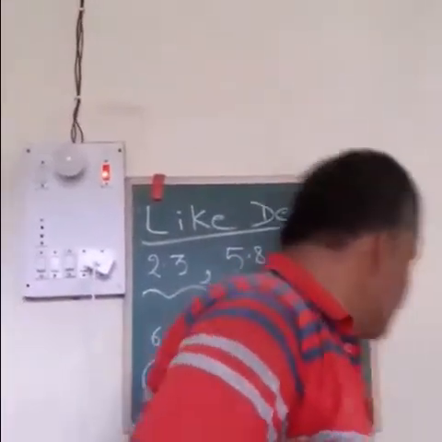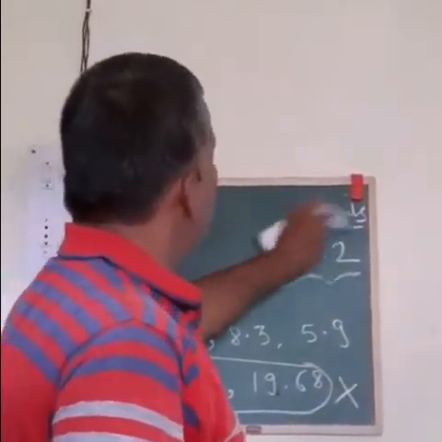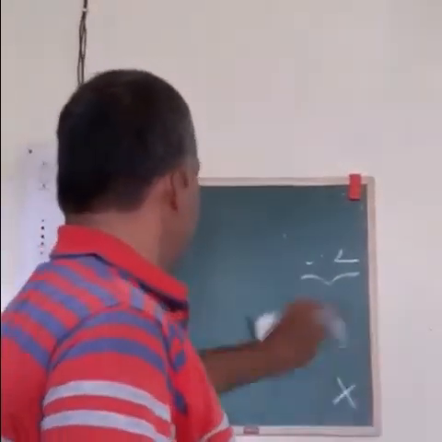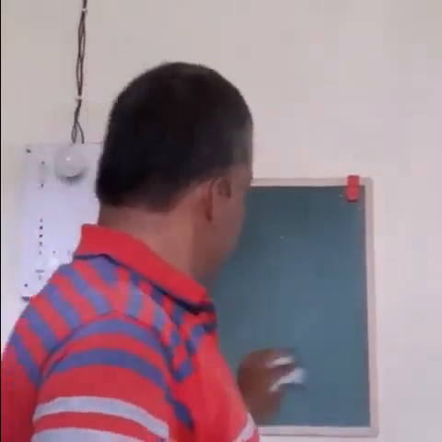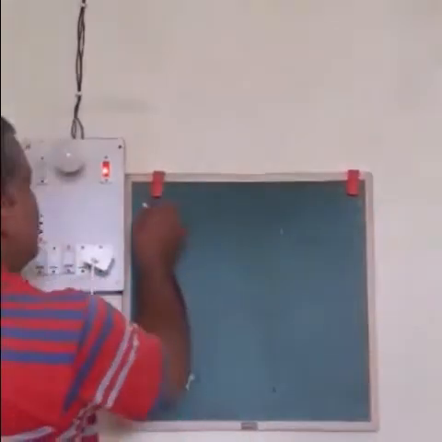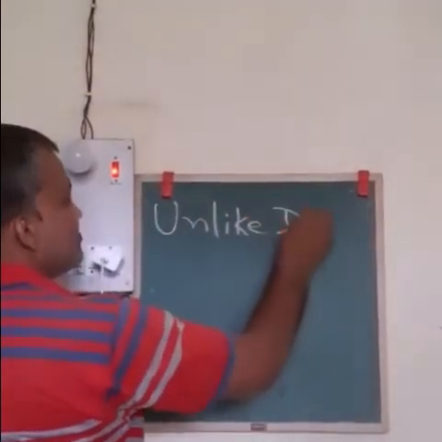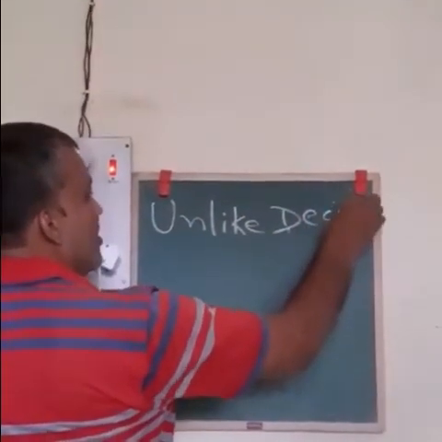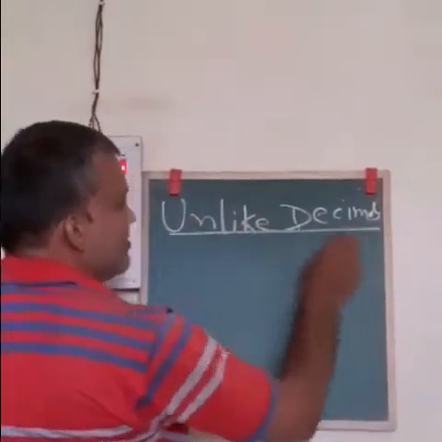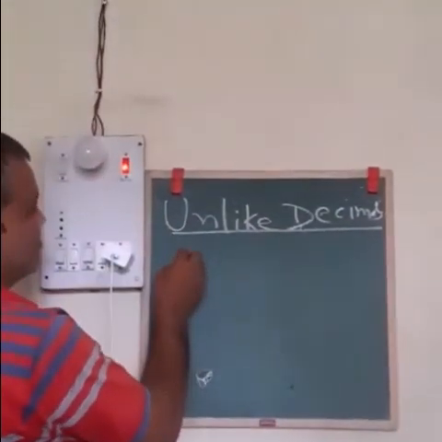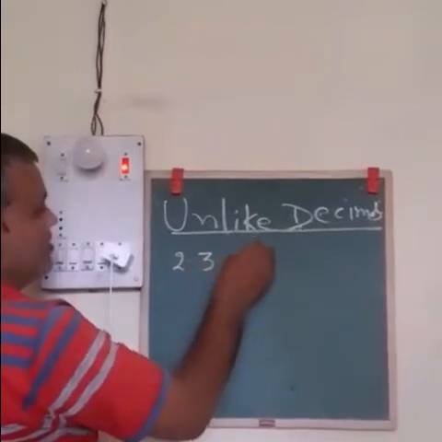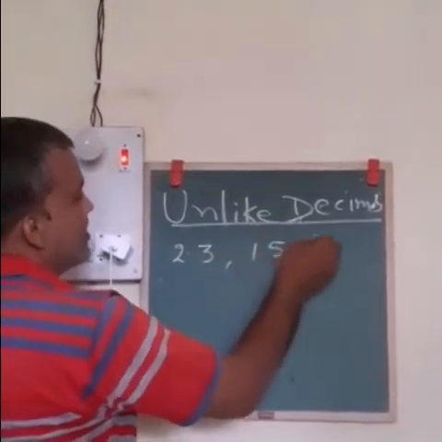Now we learn about unlike decimals. Just the reverse of like decimals. What are unlike decimals? As for example, 2.3 and 15.89.